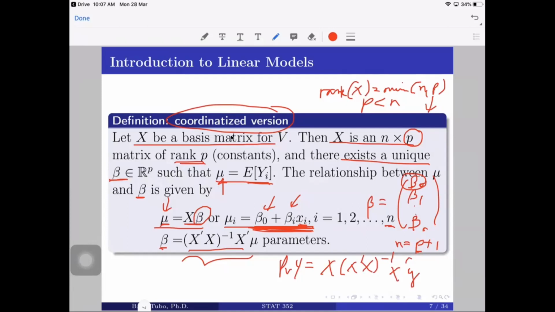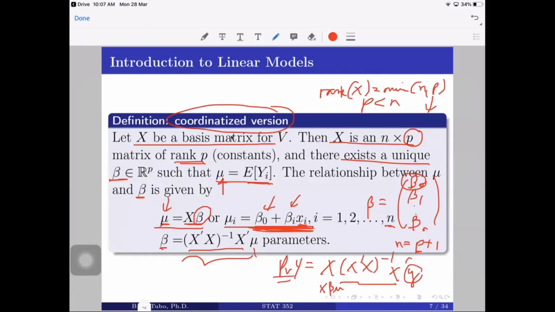So if you look at this, your beta, you write it as X beta, and then mu is the expectation of Y, so X beta is mu.